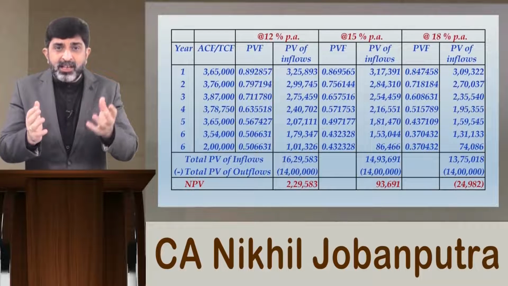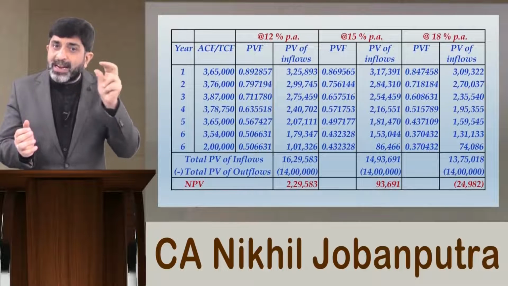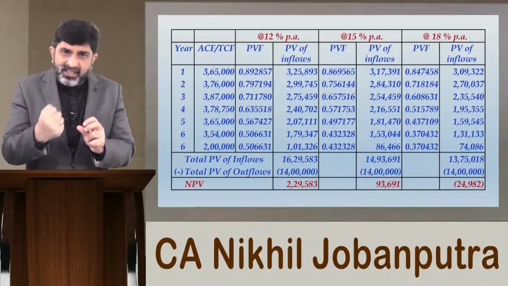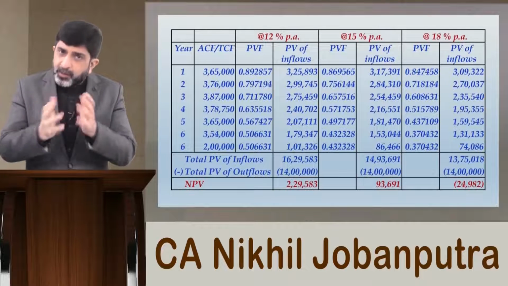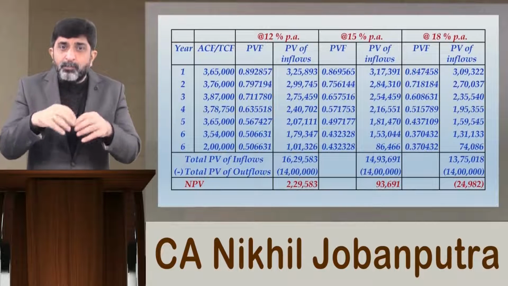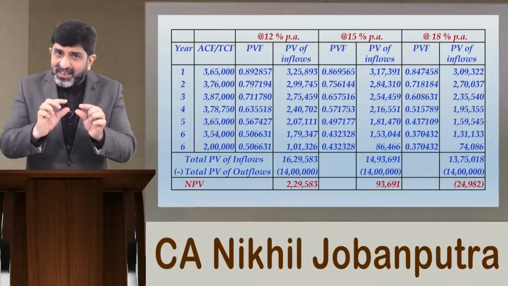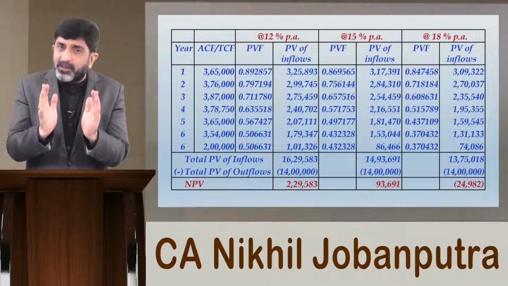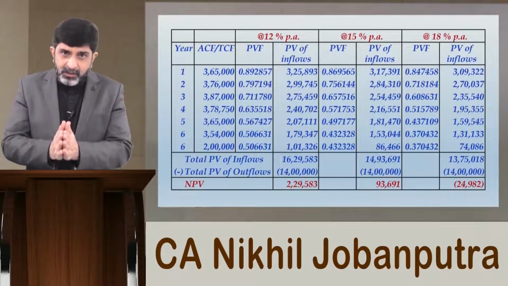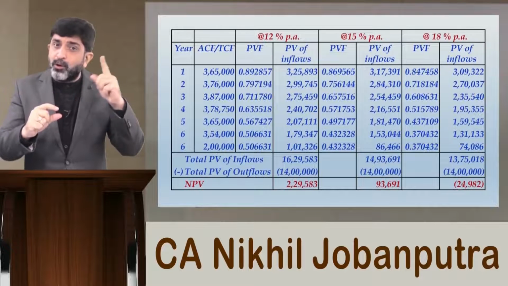So just imagine, if I give you a cash flow of 1 lakh 12,000, where your expectation was only 1 lakh 10,000, then you are getting a surplus, and that is where you get benefit by investing in any project. You are basically targeting a rate of return of 10%. If you get something more than that, you are more happy. My point is, NPV is the present value of that surplus.